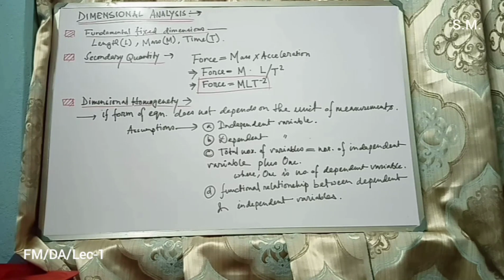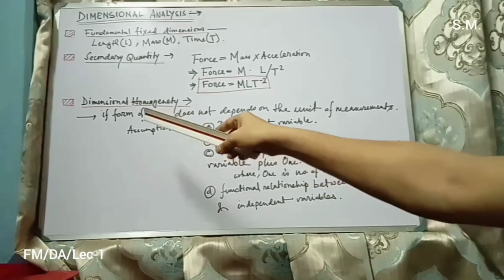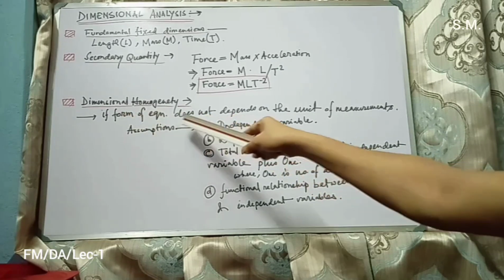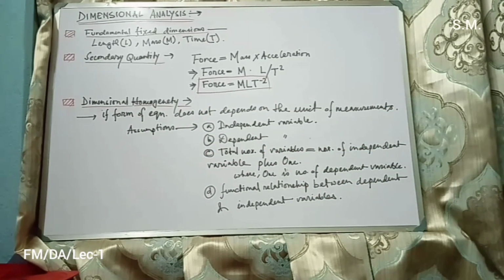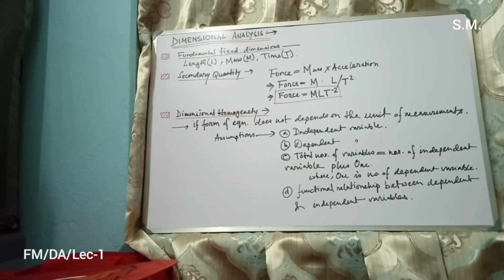An equation is said to be dimensionally homogeneous if the form of the equation does not depend upon the units of measurement. If the form of an equation does not depend on the units of measurement, that equation is called a dimensionally homogeneous equation.